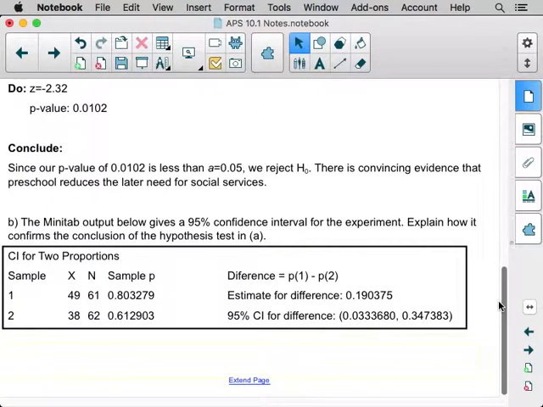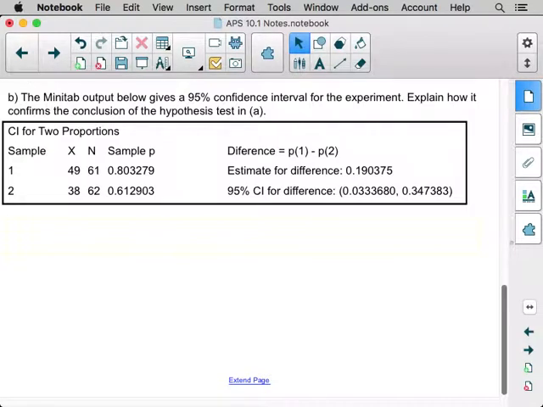All right. Now, let's look at this. So the Minitab output below gives a 95% confidence interval for that same experiment. Okay, so using this data, they constructed a 95% confidence interval. All right. And so what we're saying is we want to explain how this confirms what we did. Okay. So again, if we're talking about differences, what value represents no difference?